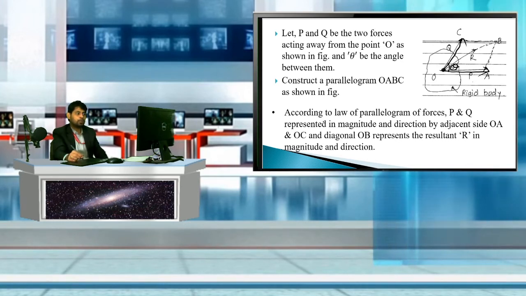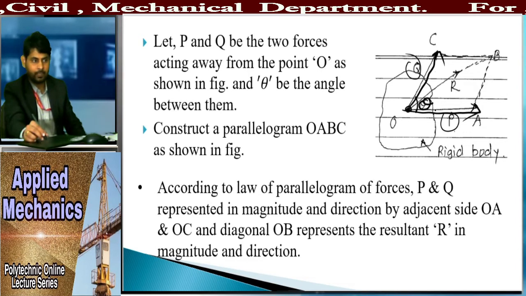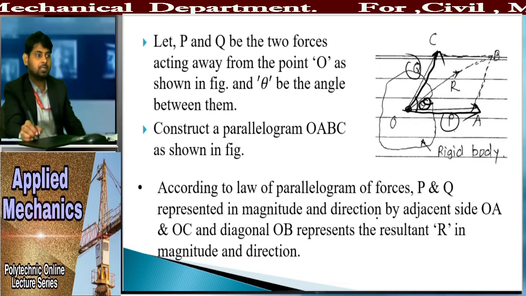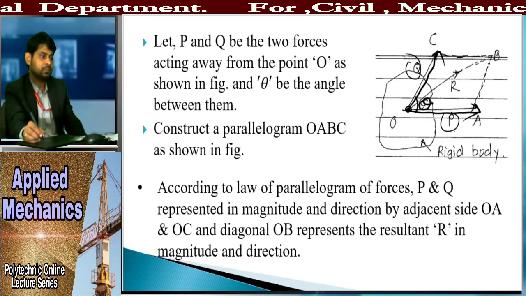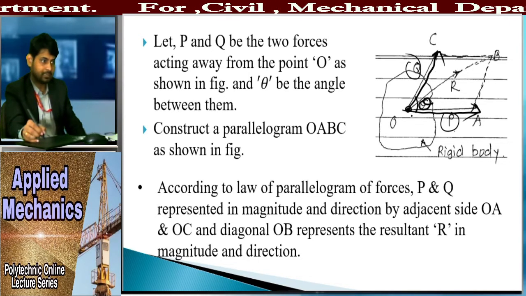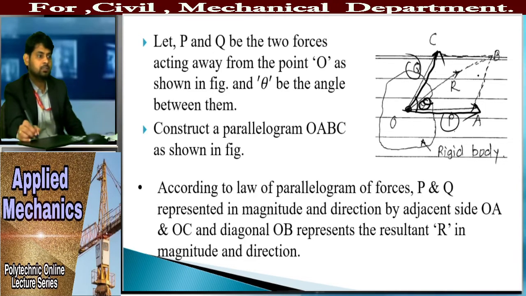After that, according to the law of parallelogram of forces, P and Q are represented in magnitude and direction by adjacent sides, and OB represents the resultant. Here P and Q are represented as magnitude and direction, both along adjacent sides.